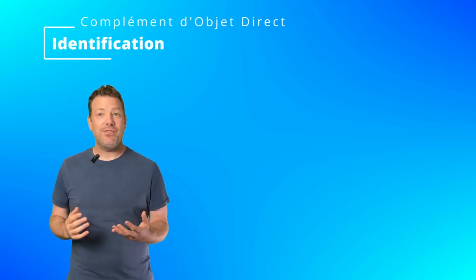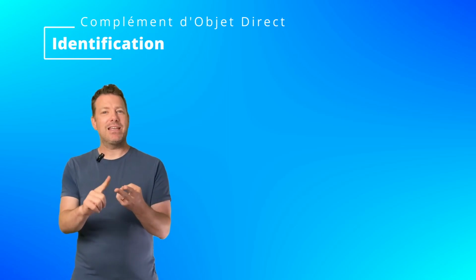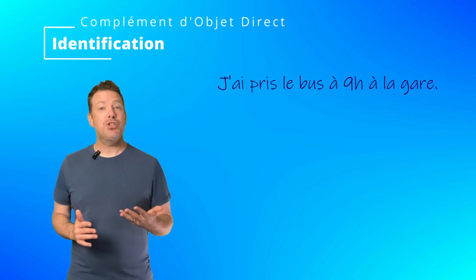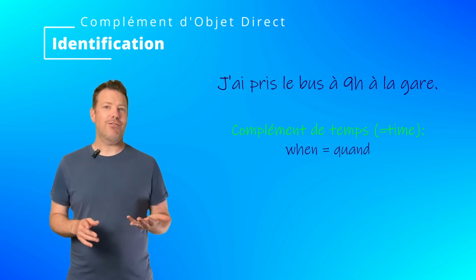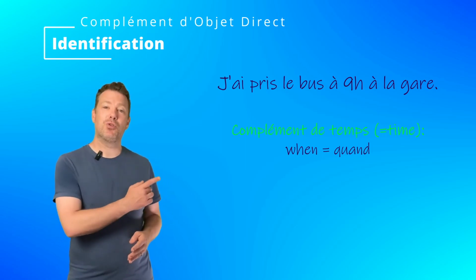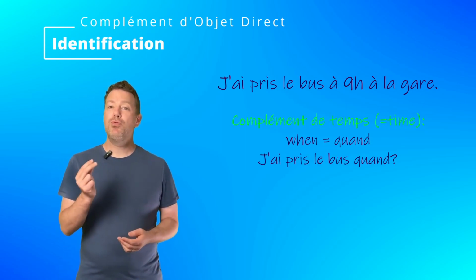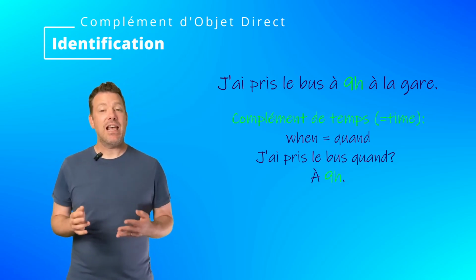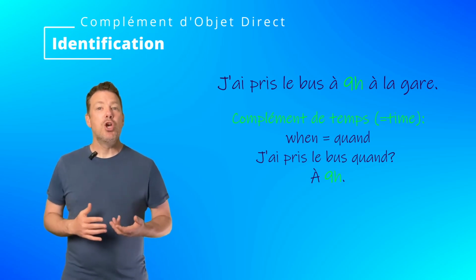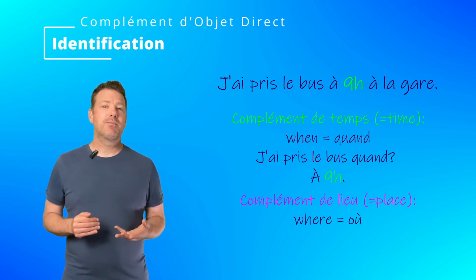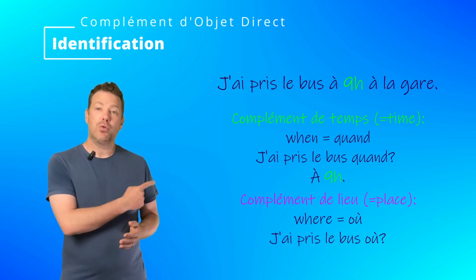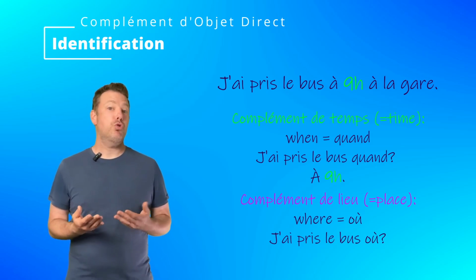The way you can identify these complements, time, place, and COD, is by asking questions. Ask the question when, or quand in French, along with the subject and the verb of the sentence. So the question will be, j'ai pris le bus quand? Well, the answer is à 9 heures. 9 heures is the complement of time. To identify the complement of place, ask the question where, où in French, and the question will be, j'ai pris le bus où?